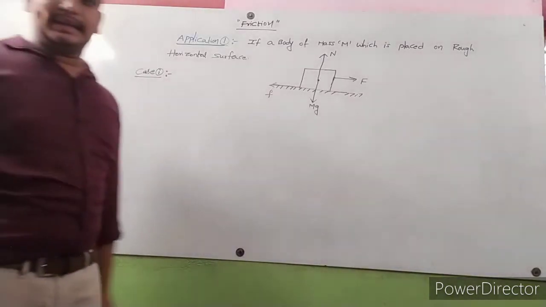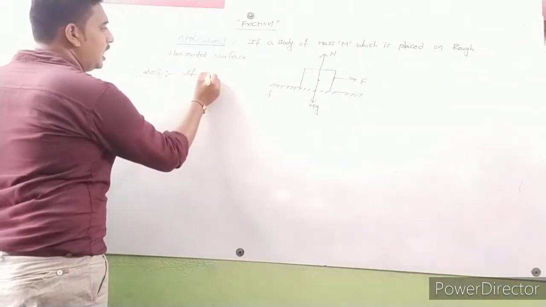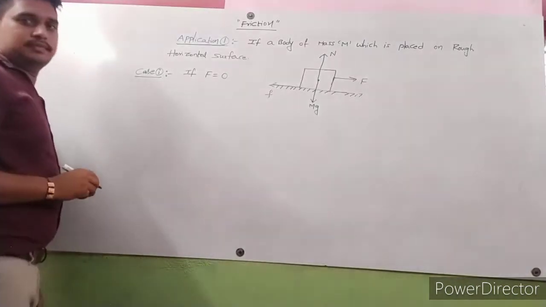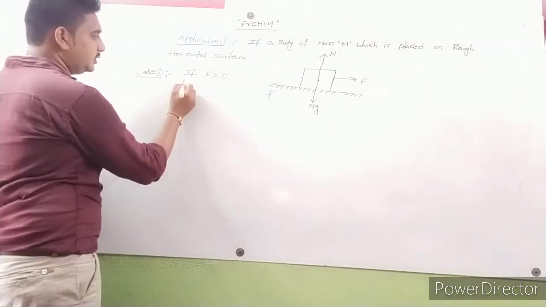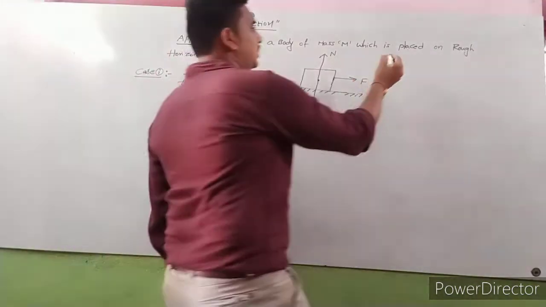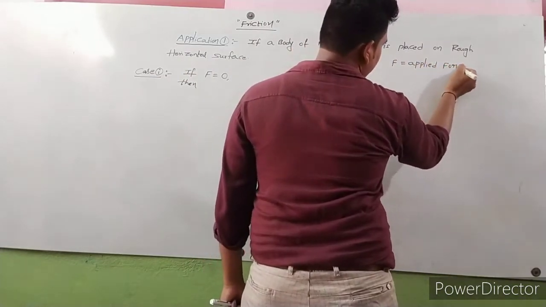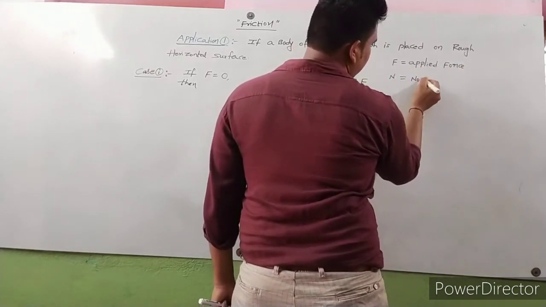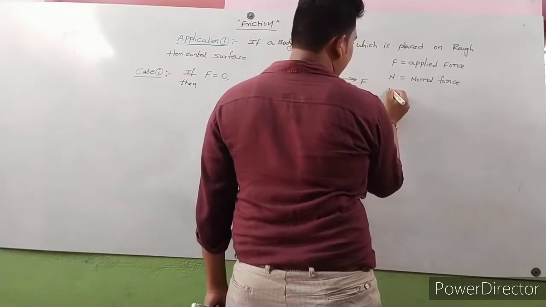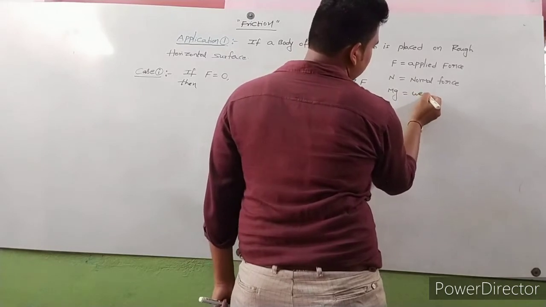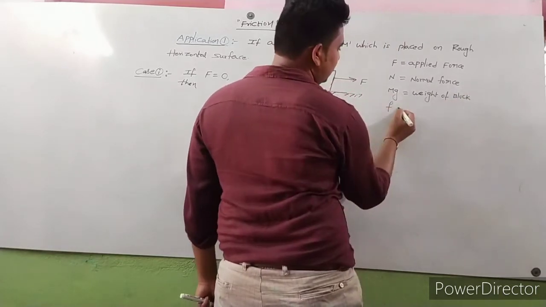What is case 1 here? If applied force F is equal to 0, then here F means applied force, N means normal force, mg means weight of block, and f means frictional force.